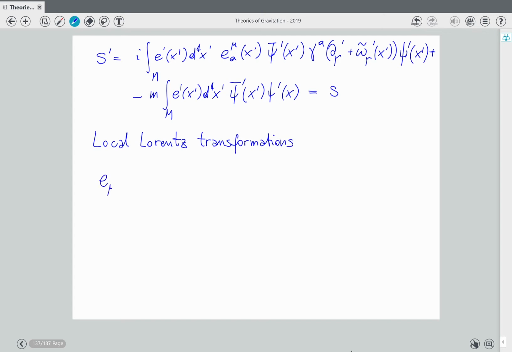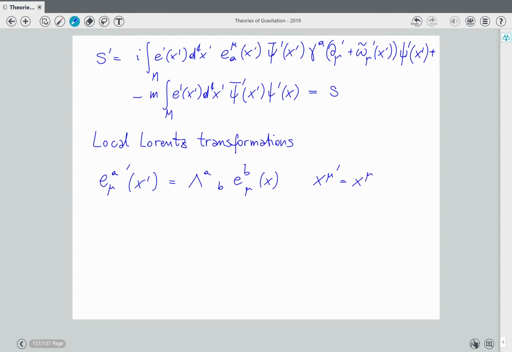So E mu A prime of x is equal to lambda A B E B mu of x, but you also have x mu prime equal to x mu, because you don't change coordinates.